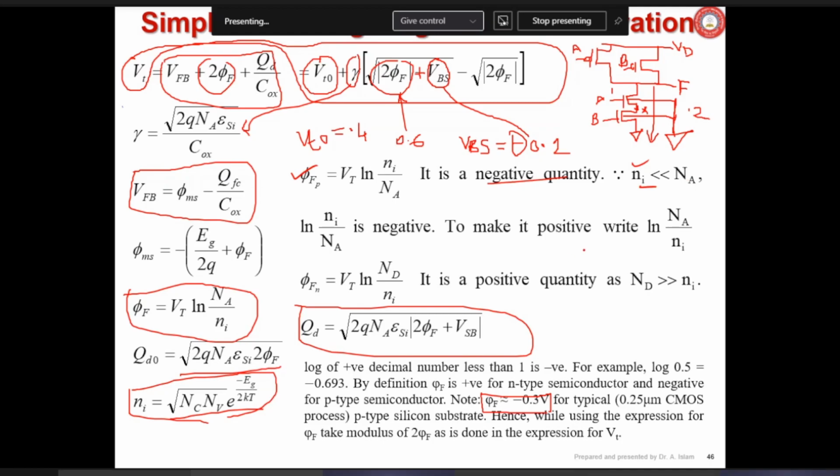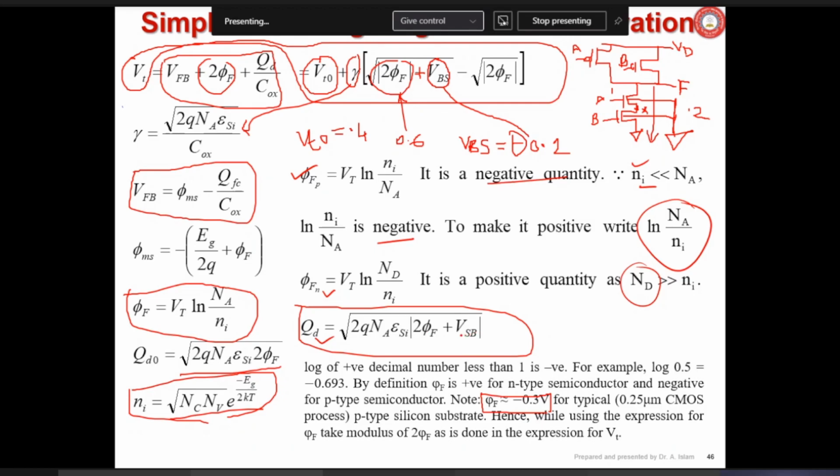Natural log of Ni by Na is negative, and hence to make it positive, of course, this is required. So phi f for an NMOSFET is a positive quantity because Nd is much greater than Ni, and QD is defined as square root of twice q Na epsilon Si times mod of twice phi plus VSB.